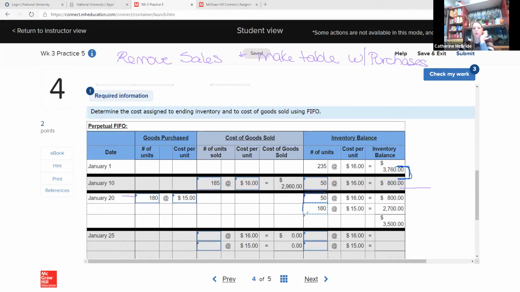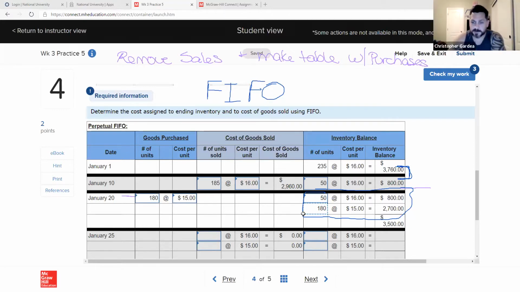This is all we're looking at right now. We're not looking at anything above it. We sold 200 units. The way we do this now is, if this is first in, first out, the first units in were how much? There's 50 left at 16.